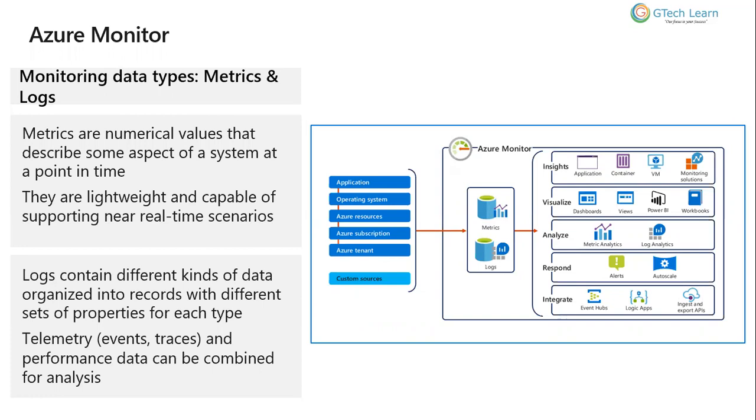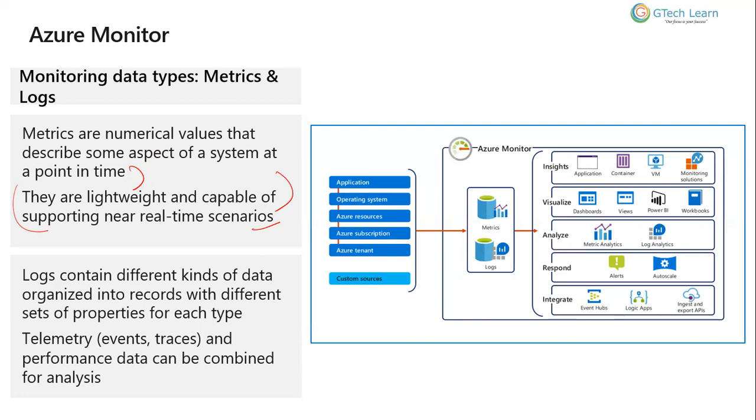So if I'm talking about the metrics in here, those are the numerical values that describe some aspect of the system at a point in time. They are lightweight and capable of supporting near real-time scenarios. Logs contain different kinds of data organized into records with a different set of properties for each type, and we can have different telemetry available like events and traces.